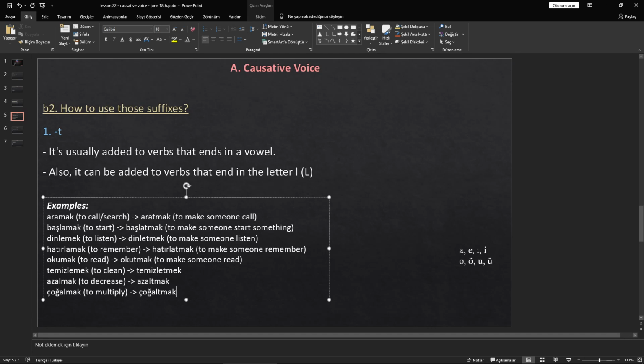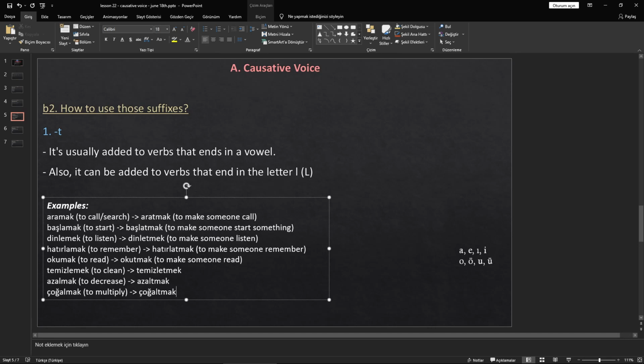And let me see the questions. Does the causative suffix make the subject have an e suffix, like oğluna arattı? Okay, Sami, that's a very nice question. My answer is yes and no, because there are two ways to say it. Some people say accusative like oğlunu arattı, but in my opinion, from what I know, that is wrong, inaccurate.